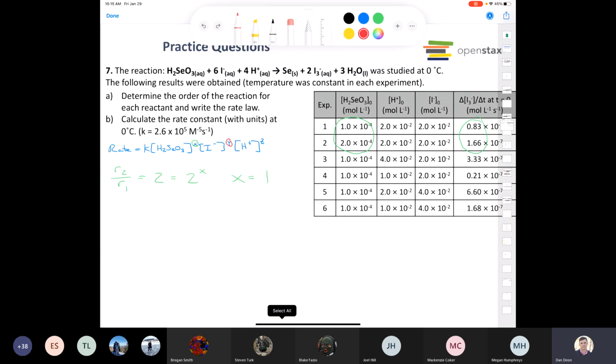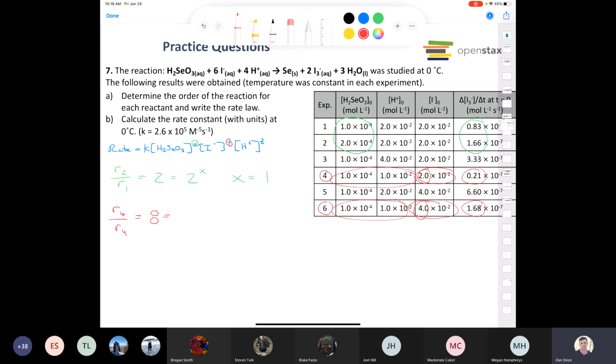Let's choose 6 and 4, okay? Because the concentration of the iodide is changing, and these concentrations are not changing. So let's do R6 over R4. If I take 1.68 divided by 0.21, I get 8. So rate 6 over rate 4 is equal to 8.